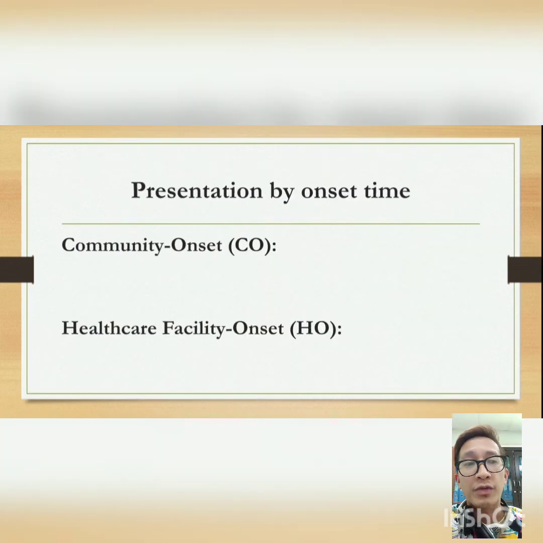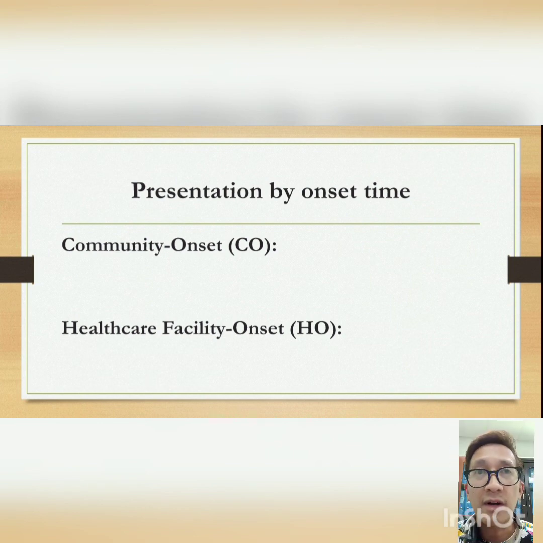So how are we going to identify if the multi-drug resistant organism found on any culture is community onset or healthcare facility onset? When I talk about community onset, these are MDRO specimens collected in an outpatient location or an inpatient location that is less than or equal to 3 days after admission to the facility. For example, days 1, 2, or 3 of admission.